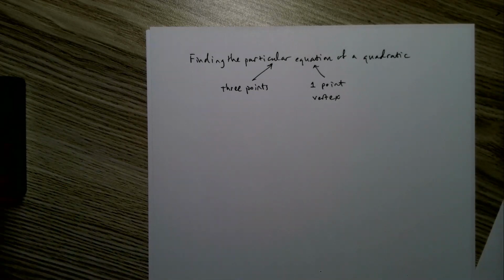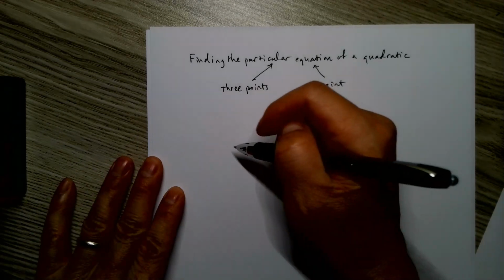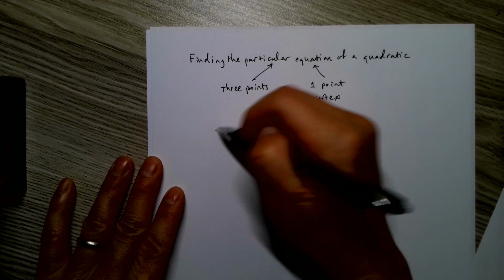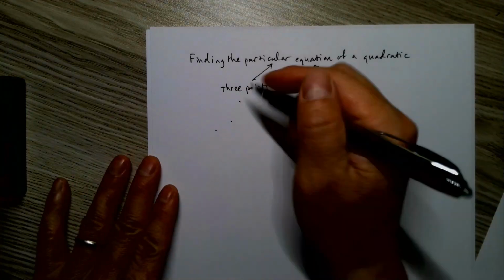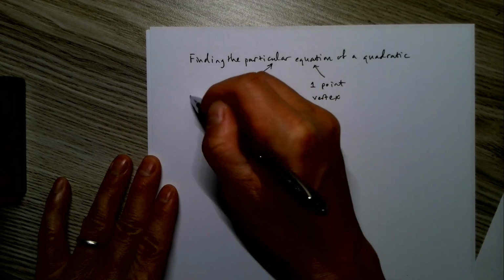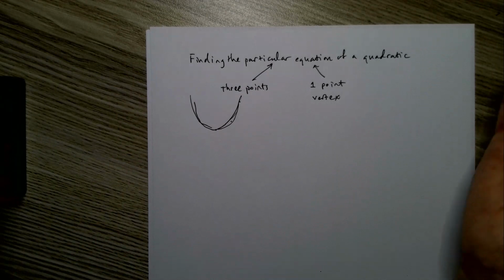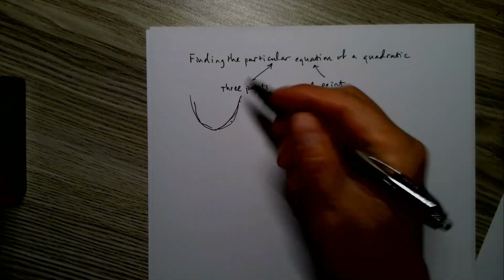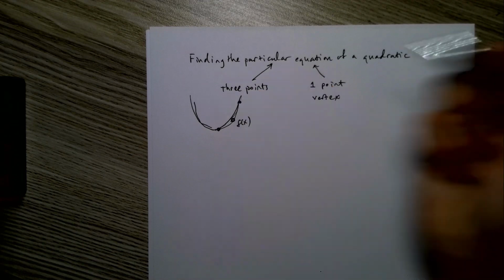Now, why would we want to do this? Well, maybe you're given 3 points and maybe they're arranged like this, and you're wondering, I wonder what quadratic, because quadratics produce parabolas, what quadratic function would contain those 3 points.